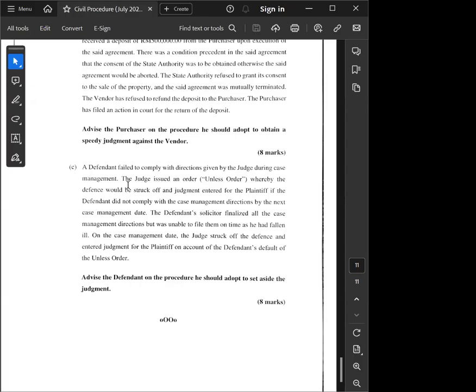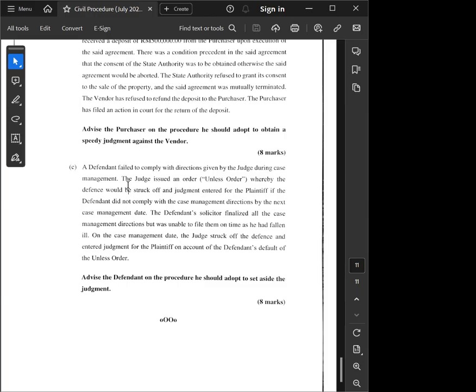So on the fact that the defendant has failed to comply with the direction to file the things on time, the court may dismiss the action and enter judgment against the defendant. This is given in Order 34, Rule 2, Sub 3.